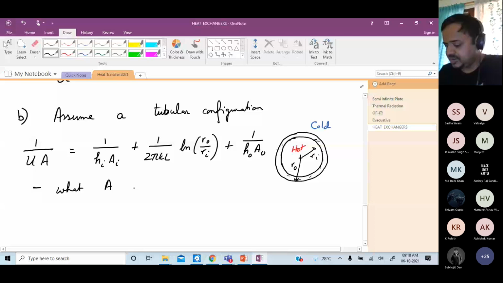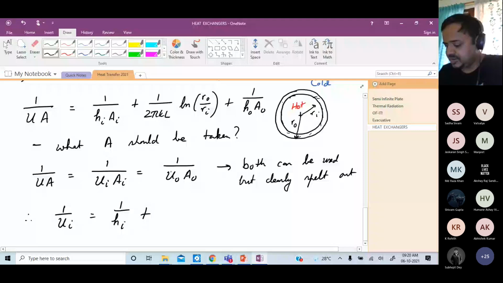If I want to write it as 1 over U_i, it would be 1 over h_i plus, multiplying by A_i on all sides, A_i is 2 pi r_i L. So this should be r_i over k times log of r_o over r_i, plus A_i over A_o, which is again 2 pi r_i L over 2 pi r_o L, over h_o.